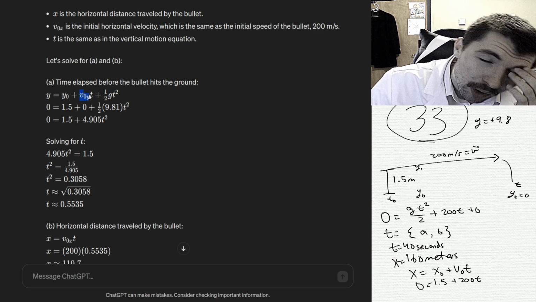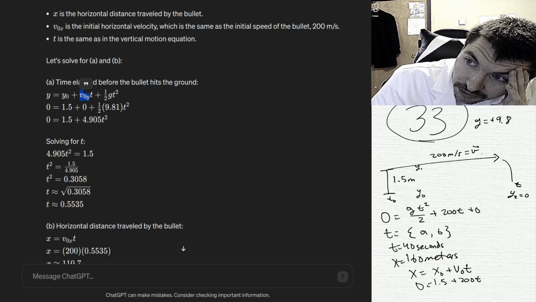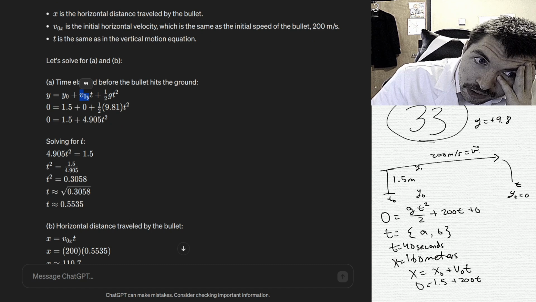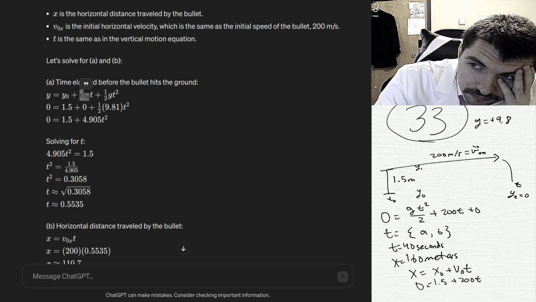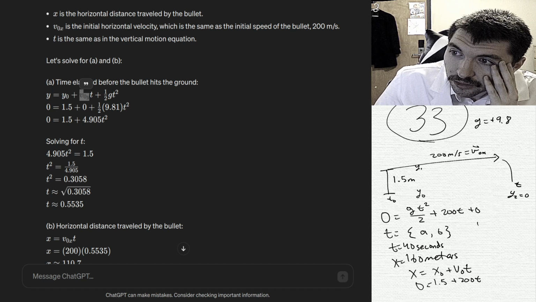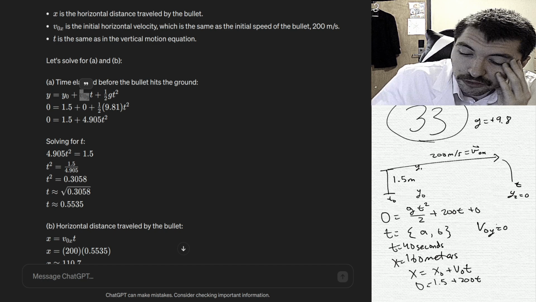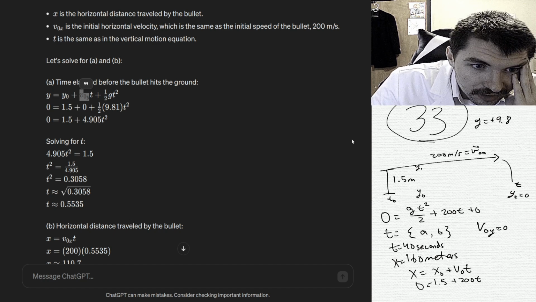It's saying Vy is 0, so they're saying this is V naught Y, not X. So V naught Y is 0.